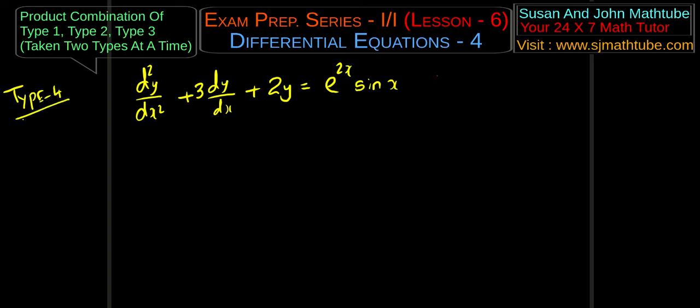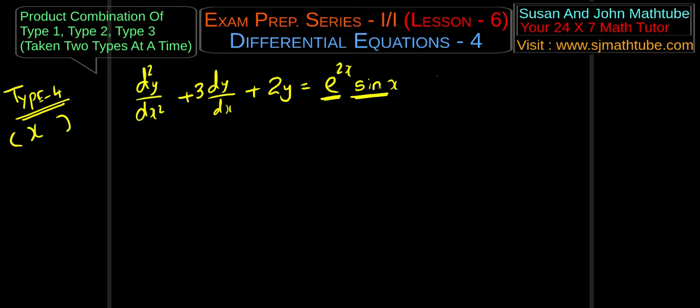Type number 4 means the right side will be a product in which we combine type 1, type 2, or type 1, type 3, or type 2, type 3.